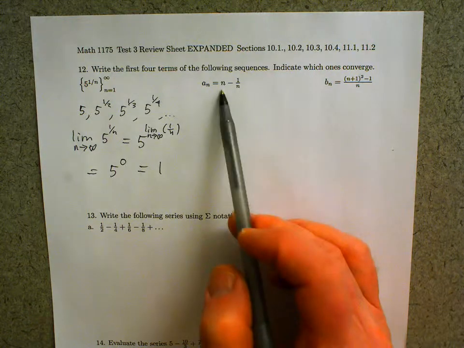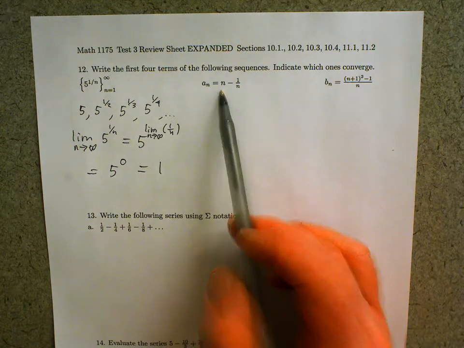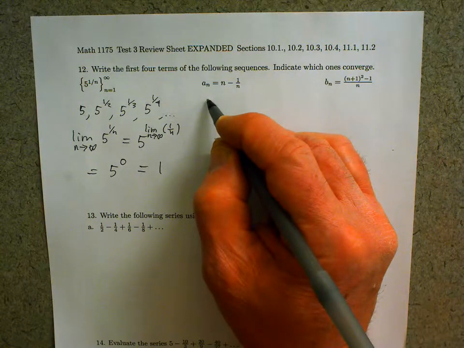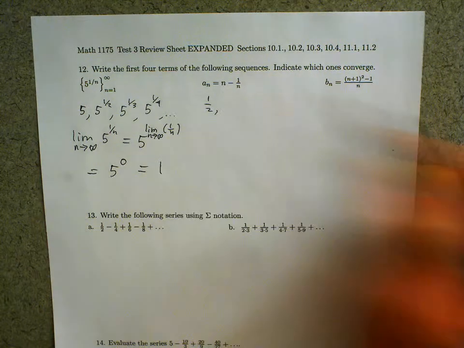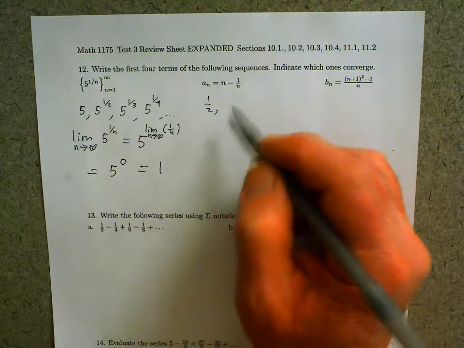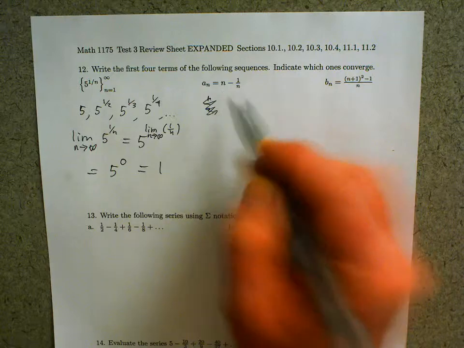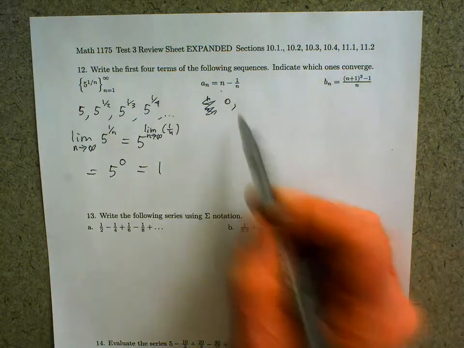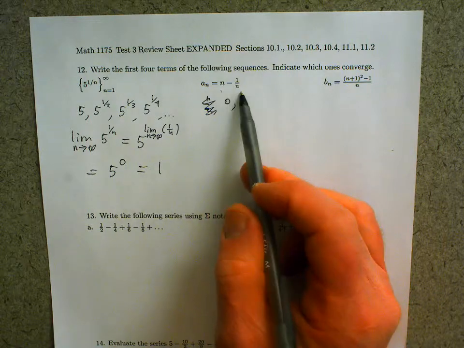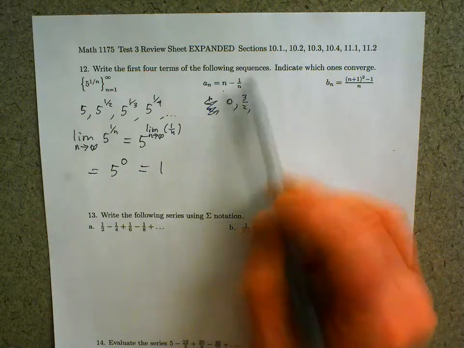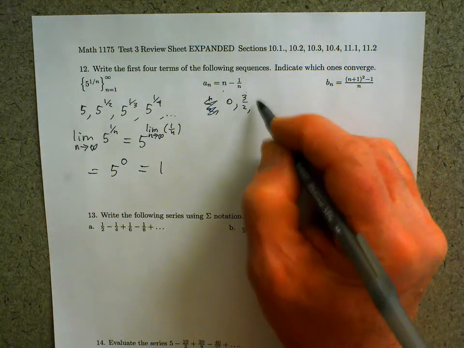Okay, this one, the first 4 terms. Sorry, I did that wrong. When n is 1, 1 minus 1/n is 0. Then when n is 2, 2 minus 1/2 is 3/2. 3 minus 1/3 is 2 2/3, or 8/3.